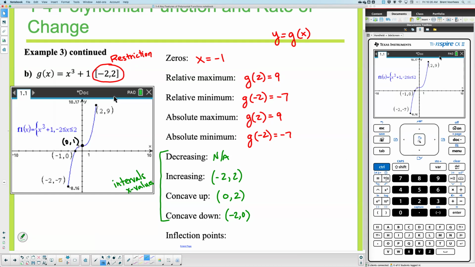Will we have an inflection point? Yeah, we do. Why do we have an inflection point? Because we switched concavities. What's the point where we switched at? Is it -2, 0, or +2? Where did we switch at? 0. So the inflection point is g of 0, which equals, what is the y value at 0? 1. There it is.